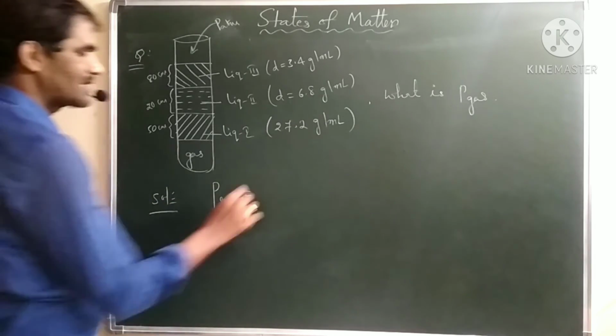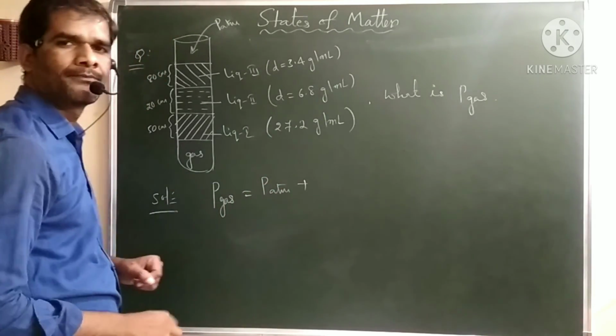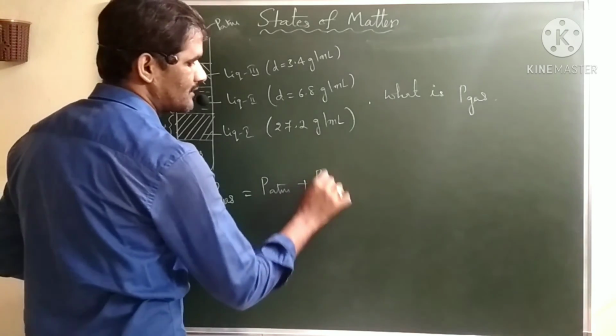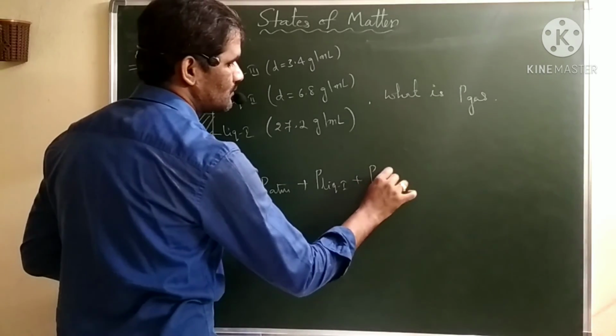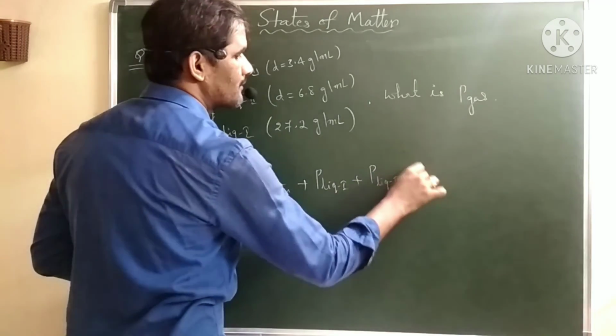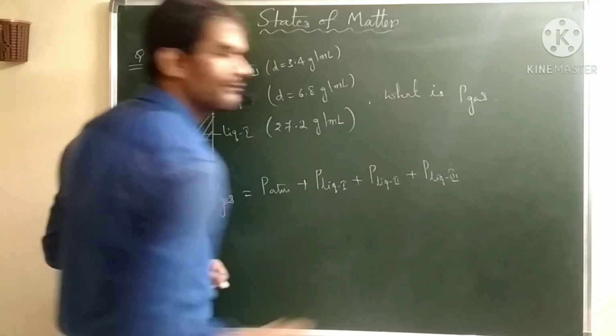Now the pressure of the gas is equal to atmospheric pressure plus pressure of liquid 1 plus pressure of liquid 2 plus pressure of liquid 3.